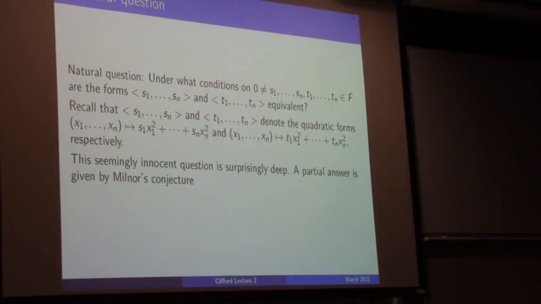Milnor's conjecture only gives a very partial answer to it, and even led to some of the deepest mathematics that exists now. So I will discuss Milnor's conjecture later in the talk, but I guess the short answer is that it's not known. It is a very simple and innocent question, but there is no simple answer to it. It depends very much on the field F.